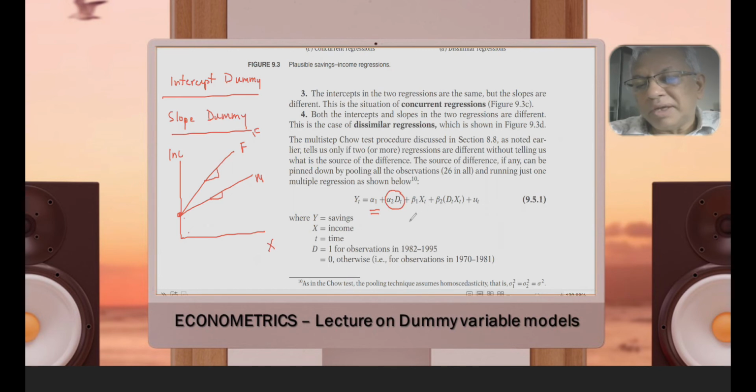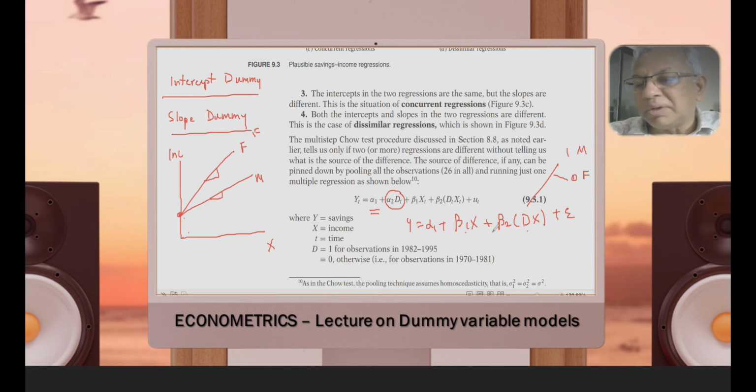So see what happens. We have y equal to alpha 1 plus beta 1 x plus beta 2 dx plus epsilon. And d is equal to 1 if it is male, and d is equal to 0 if it is female. So let's think about male first. If it is male, d equal to 1.